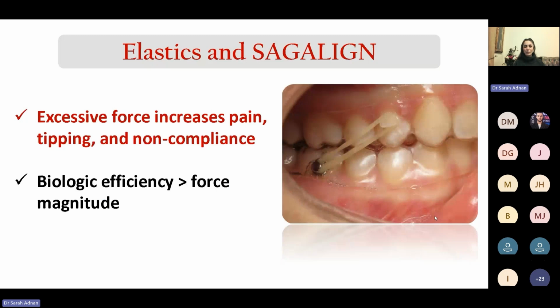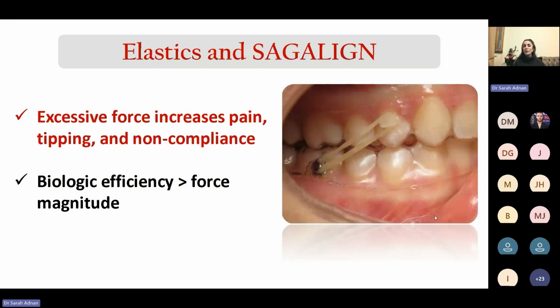Heavy force should be avoided because excessive force will increase pain and produce tipping tooth movement. Tipping tooth movement is generally not desired and leads to non-compliance. If the patient develops pain or has an ill-fitting aligner because of inappropriate use of elastics, this will lead to non-compliance.